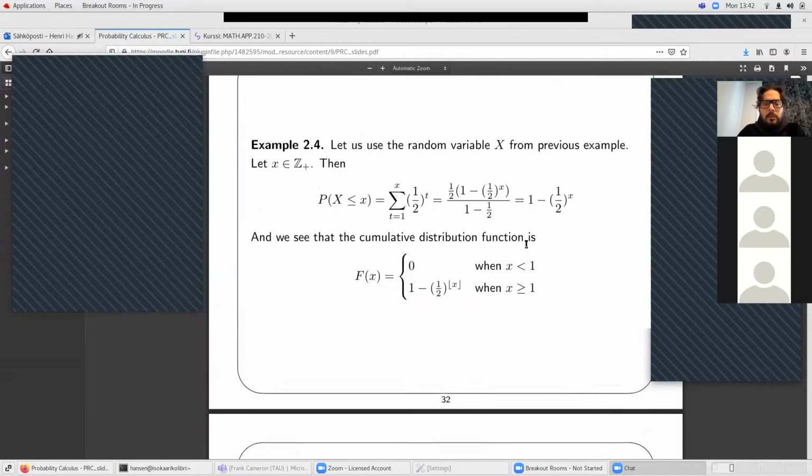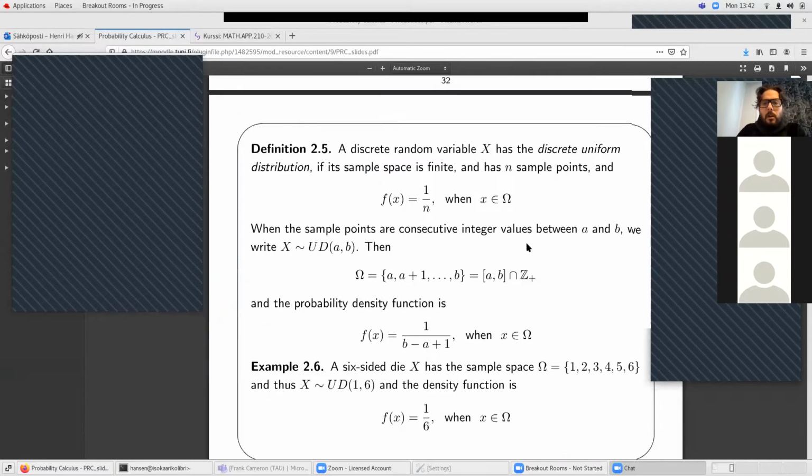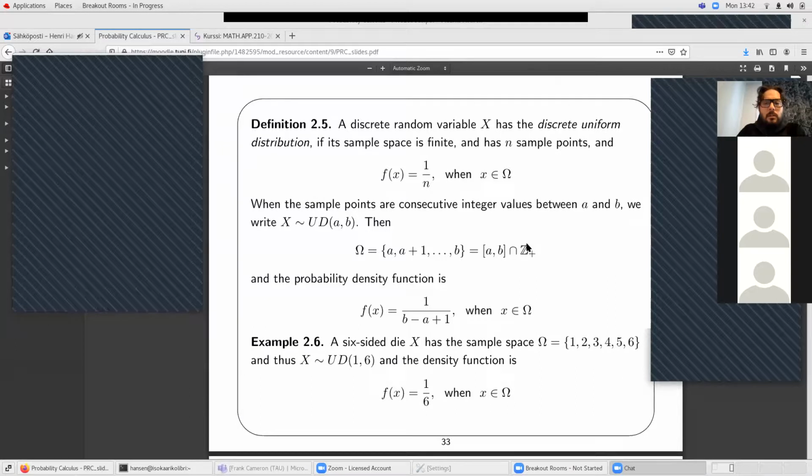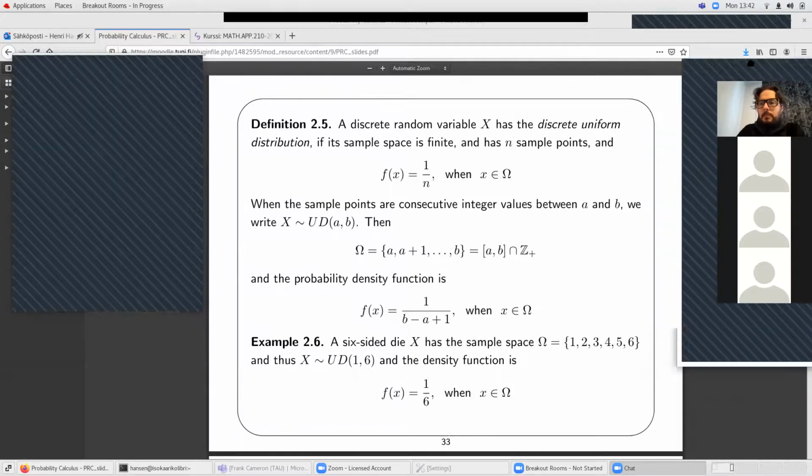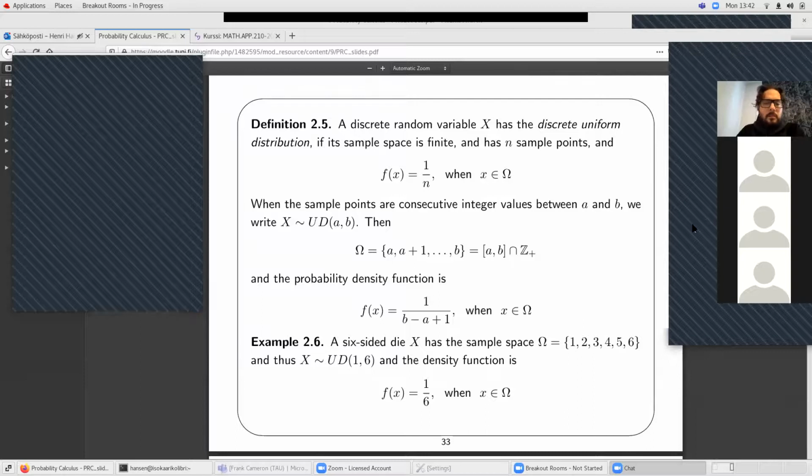So here's the cumulative distribution function. Let's look at some particular distributions that have these nice properties, or that are discrete, and that we will be using. Discrete uniform distribution: if we have a finite sample space, then we could have what is called a uniform distribution, meaning that all of the points have the same probability.